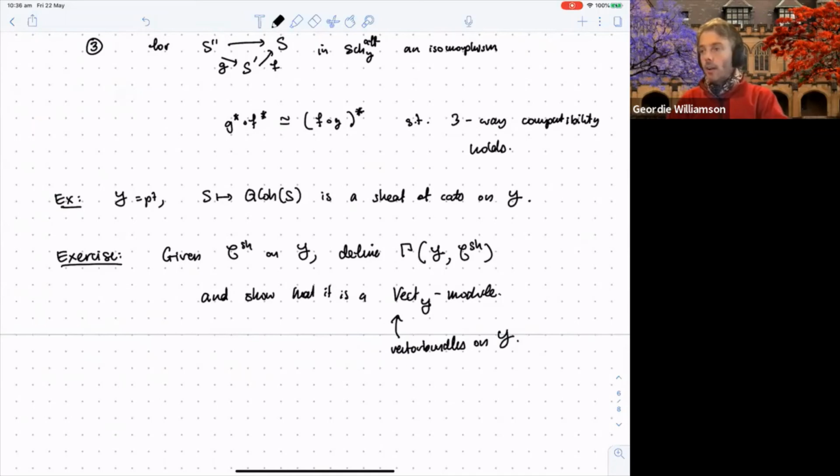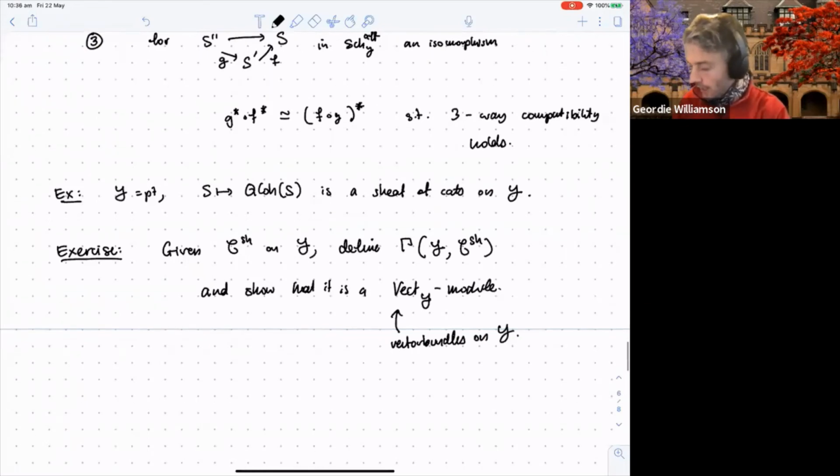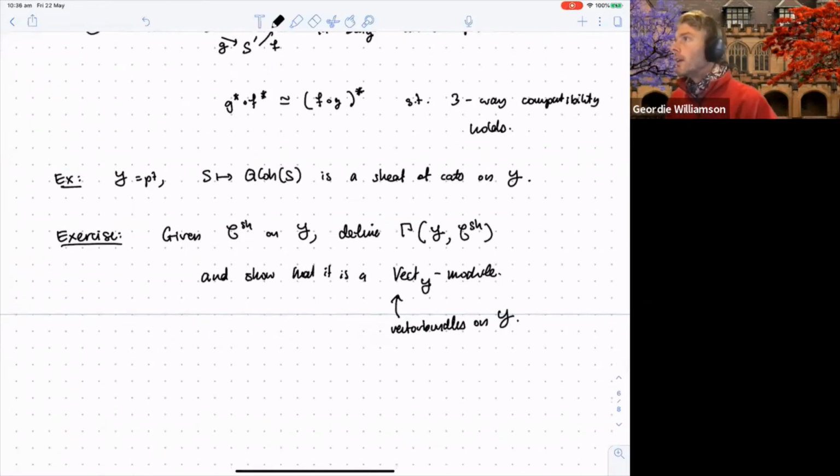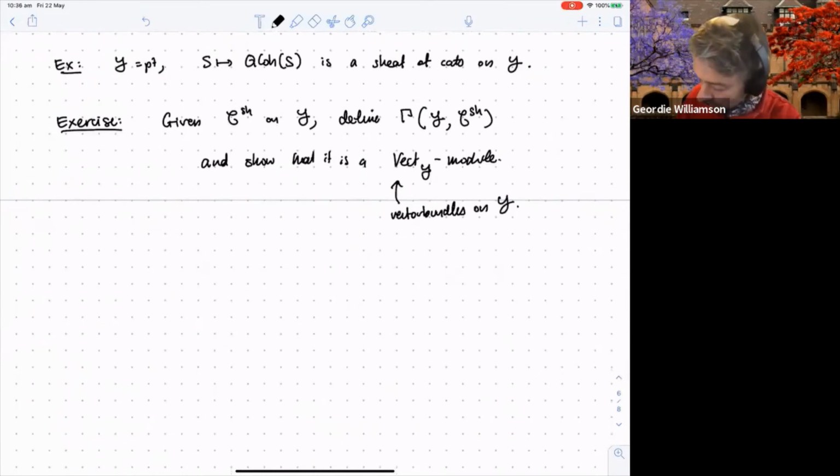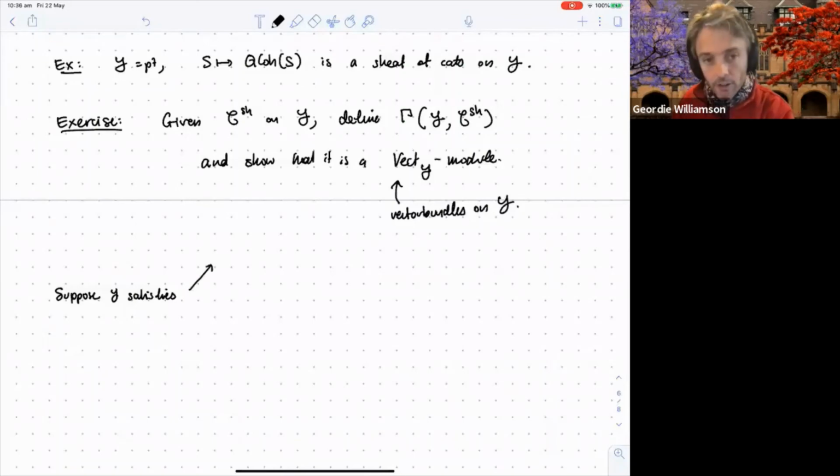And now the main theorem, which I won't go into the proof of, but it'll be very useful for us, is that we have some mild technical assumptions on Y. These are just directly from Gaitsgory's paper.